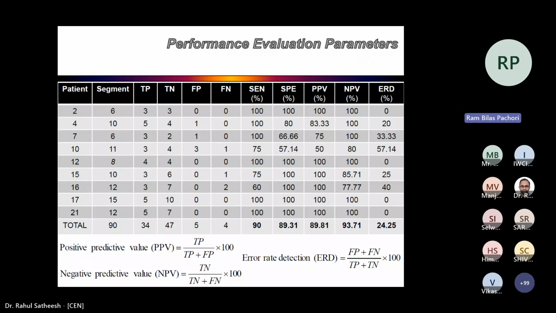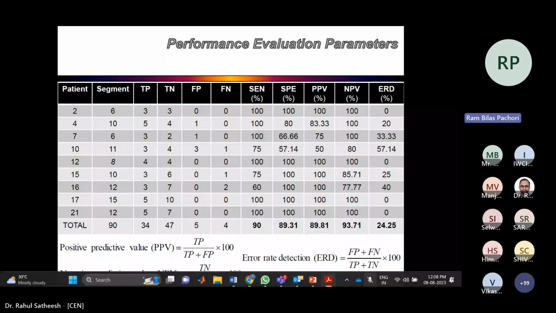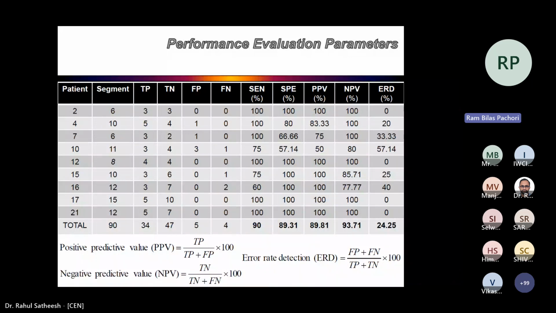In this table, you can see the performance evaluation parameters for the proposed framework: patients, number of segments, true positive, true negative, false positive, false negative, then sensitivity, specificity, PPV (positive predictive value), NPV (negative predictive value), and ERD (error rate detection). Sensitivity, specificity, PPV and NPV are expected to be very high, and they are high in the proposed method.